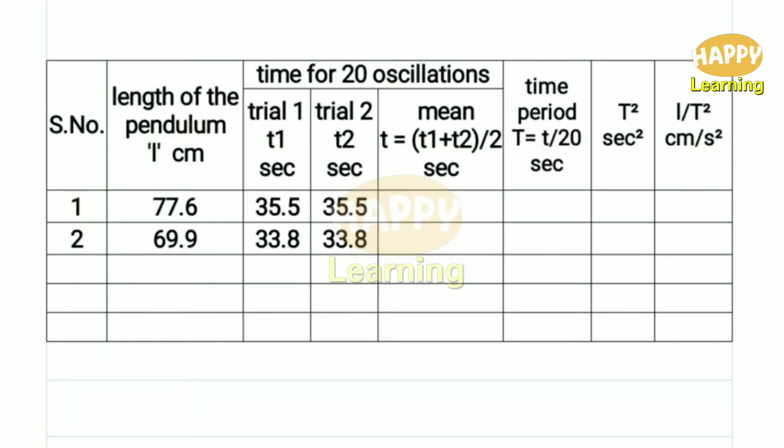Let us enter the values. For length 69.9 centimeters, trial 1 and trial 2 values are 33.8.